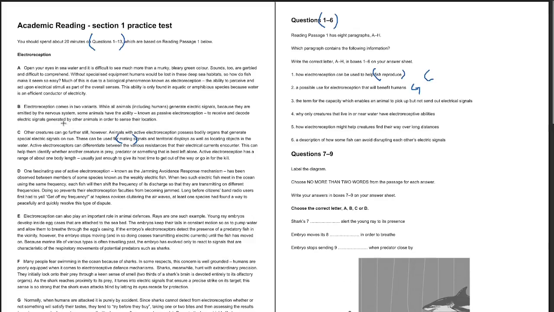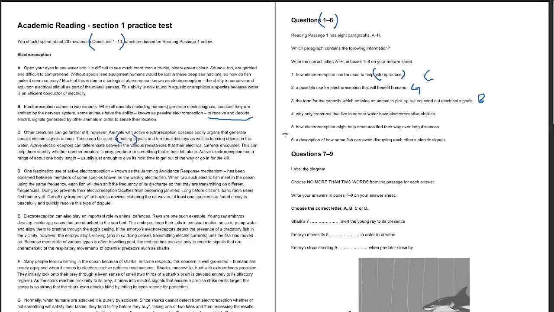Because they are emitted by the nervous system, some animals have the ability, known as passive electroreception, to receive and decode electric signals generated by other animals in order to sense their location. Pick up but not send out. Pick up is to receive and decode, but not send. Receive means pick up. So here 3 would be B.